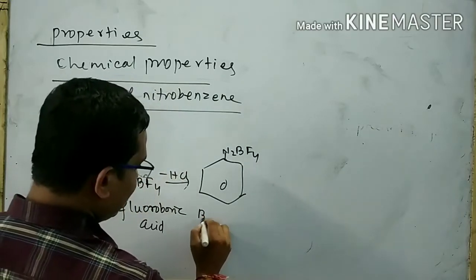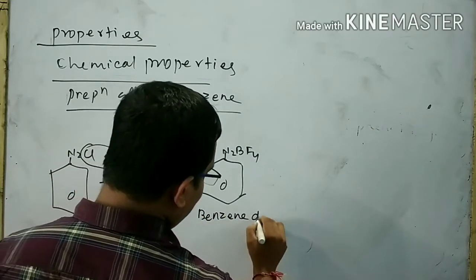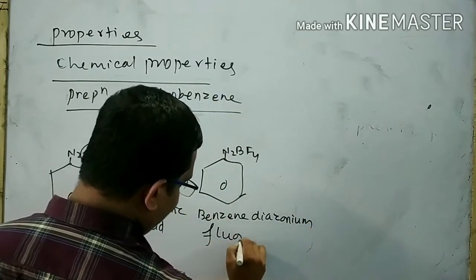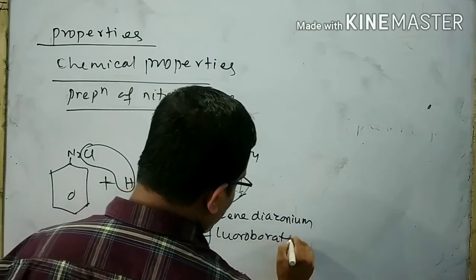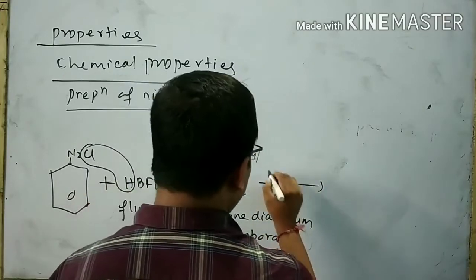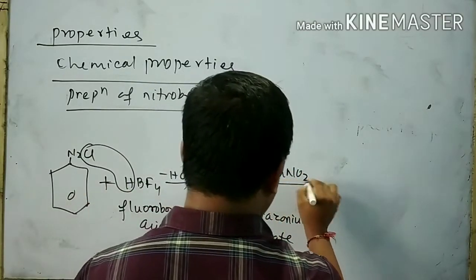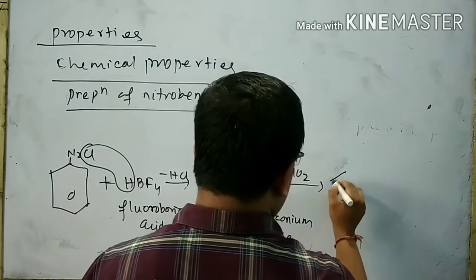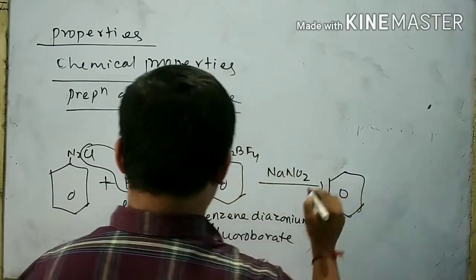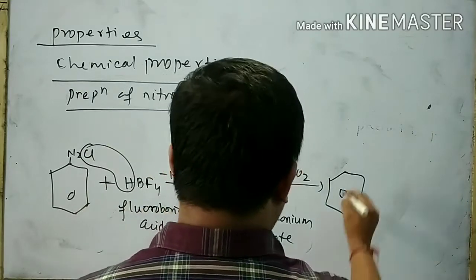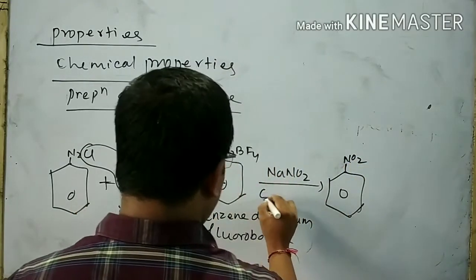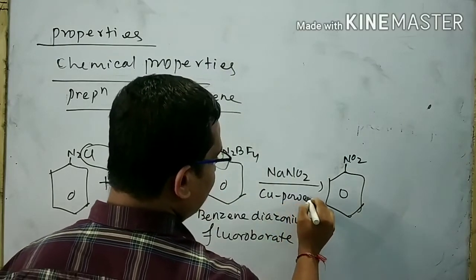Again this benzene diazonium fluoroborate is subjected to reaction with NaNO2, that is sodium nitrite. Then nitrobenzene is formed. It is done in the presence of copper powder.